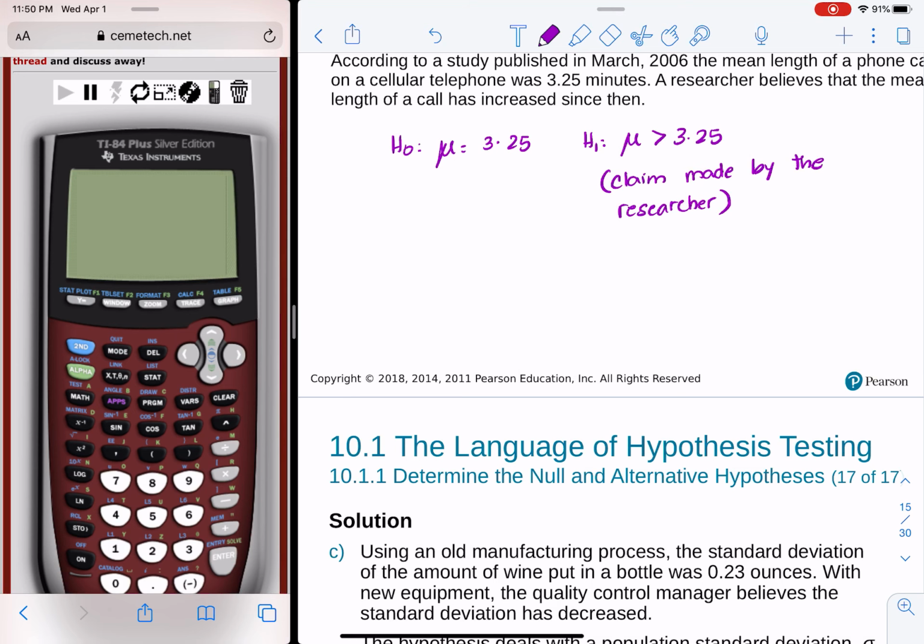So if you think about it, this would be an example of a right tail test because you have a greater than sign.